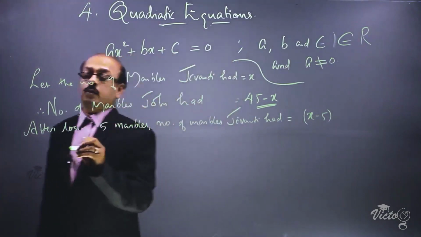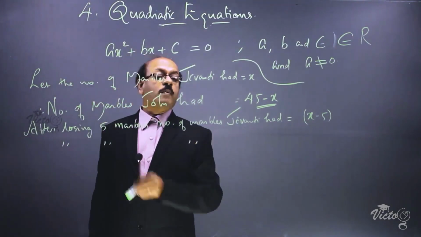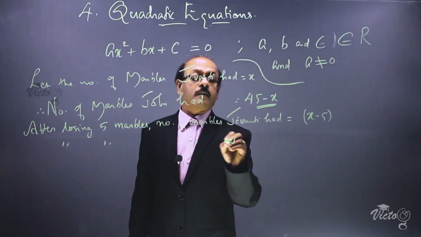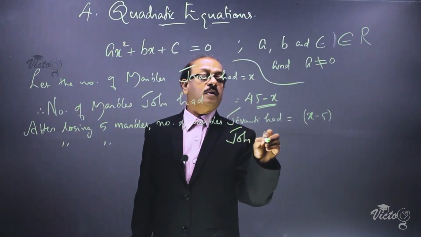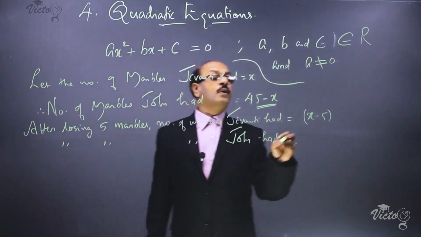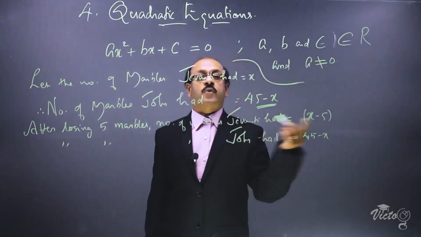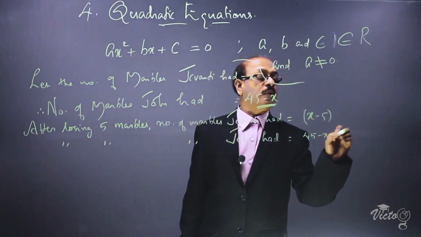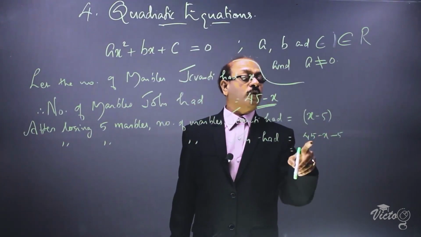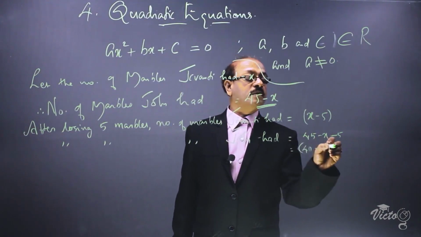Similarly, after losing 5 marbles, the number of marbles John had: initially he had 45 minus x marbles. From this he lost 5 marbles, so minus 5. This is equal to 45 minus 5, 40 minus x marbles.